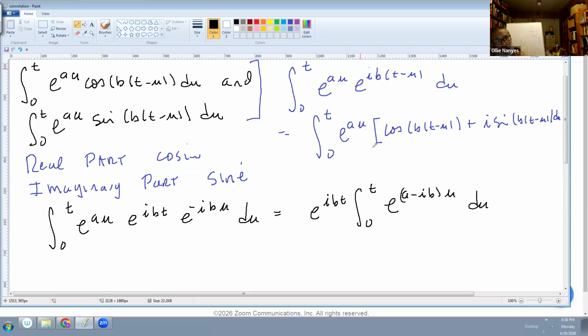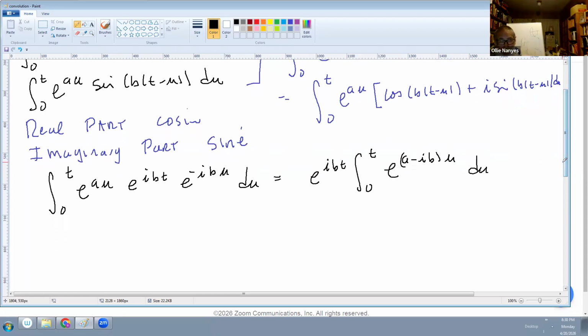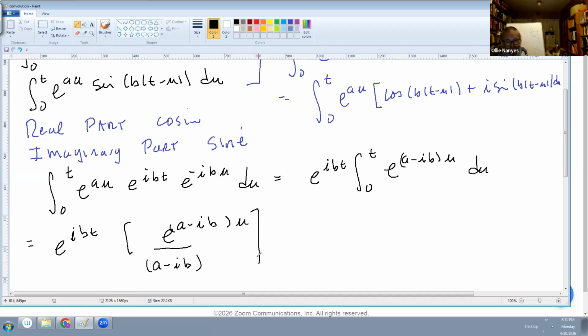So we have this thing sitting outside. That's not going to cause as many problems as you might think. This integral now is fairly easy to do. That's sort of the point of using the complex part, because that integral is a Calculus 1 integral, e to the (a minus ib)u over (a minus ib), evaluated between 0 and t.